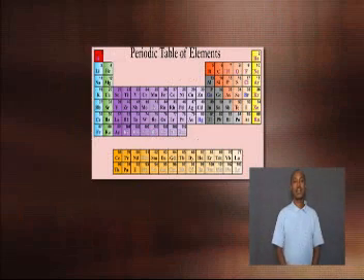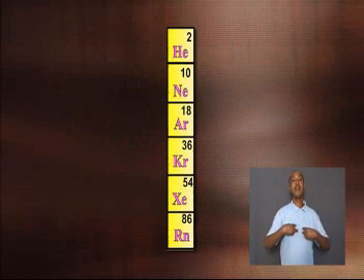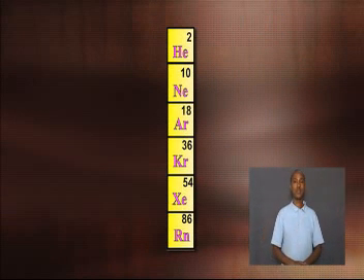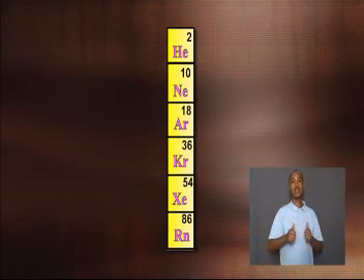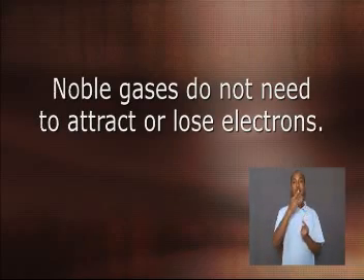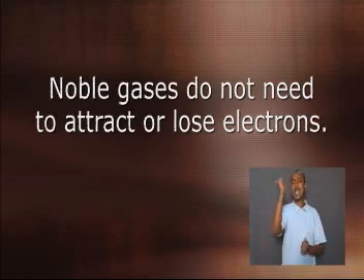Hello again, students. Were you able to explain why the noble gas configuration is especially stable? The noble gases are stable because they have stable octets of electrons, except for helium, which has a stable duplet. Therefore, the noble gases do not need to attract or lose any of their electrons.